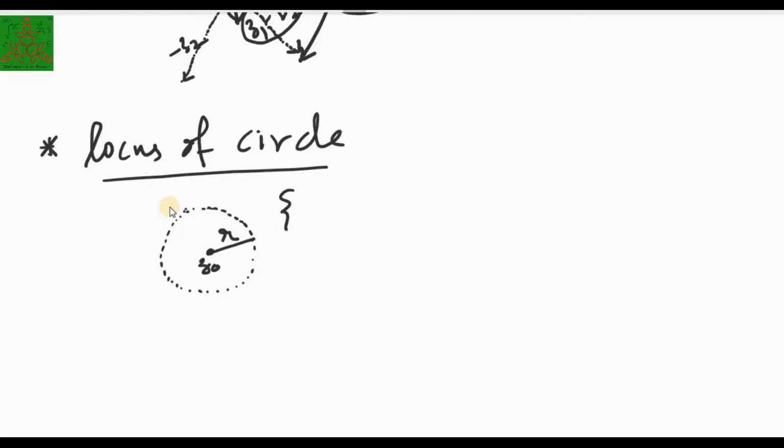So it is the set of all points, let's say z, which are equidistant. As we have, the distance between any point on this set will be defined by z, then the distance between z and z0, if this is fixed, then it is called the locus of the circle.